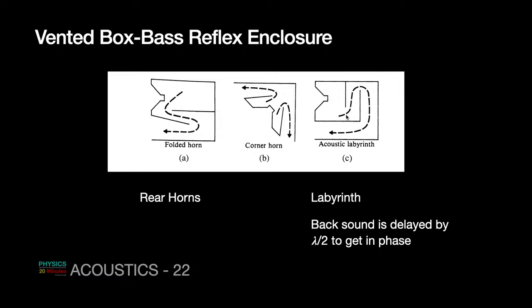There is something called an acoustic labyrinth where the backside wave is delayed by an amount lambda by 2, so that when it comes out it is in phase with the speaker, further enhancing the sound output. So there are various possible designs and ways to do it.